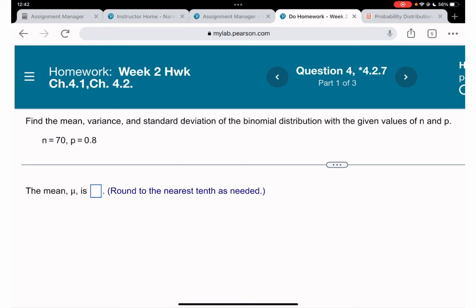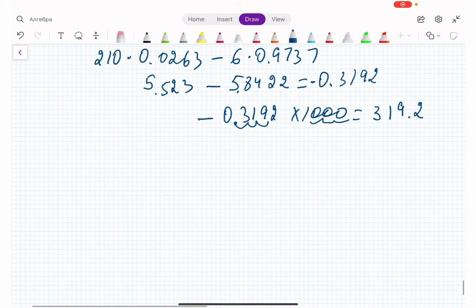I'm going to tell you how to calculate with the formula, so you would be familiar, and then bring in an online calculator for binomial distribution to make your calculation easy. So first of all, for binomial distribution, mu, the mean, is equal to n times p: the total amount of trials times the probability of success.